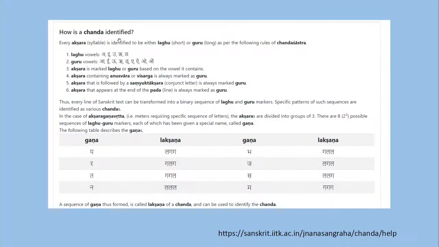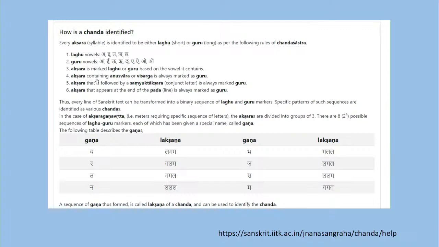So now let us study this together. How to identify the Laghu vowels. The Laghu, the light vowels, are A, E, U, Ri and Li. And the Guru vowels are the long vowels, A, Dirgha I, Dirgha Ri, etc. The long vowels are the Guru vowels.